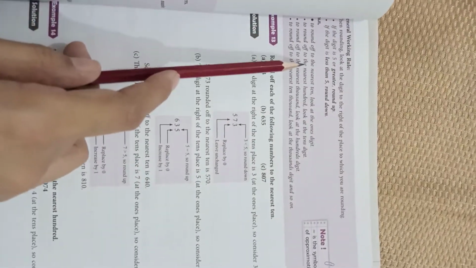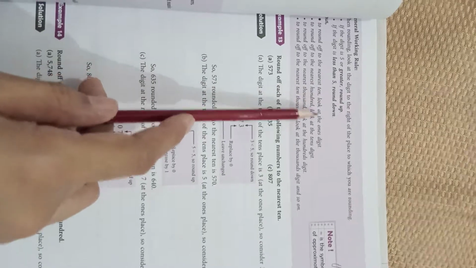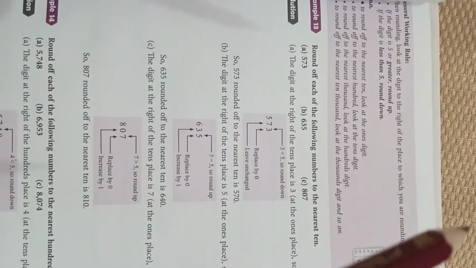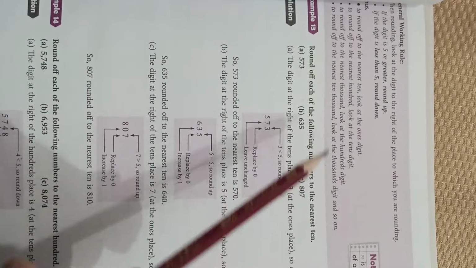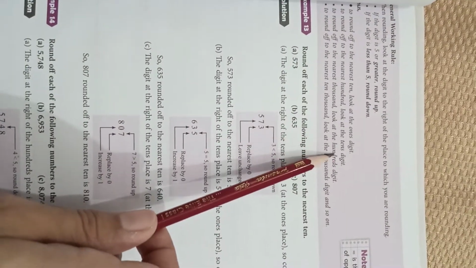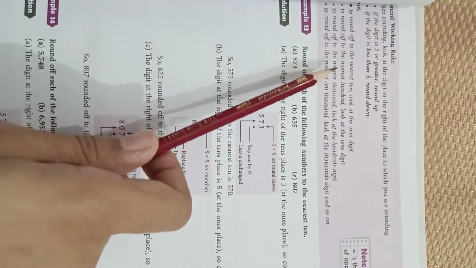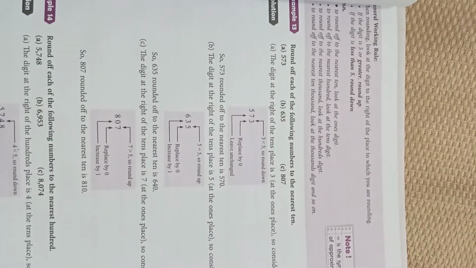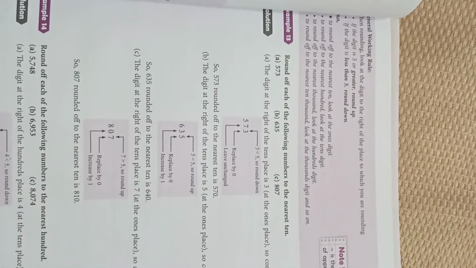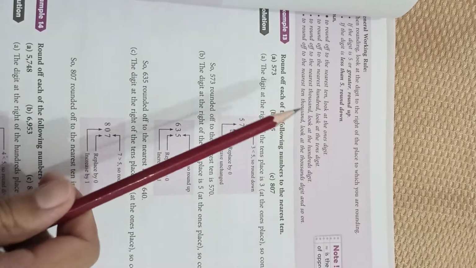To round off to the nearest 10, look at the ones digit. To round off to the nearest 100, look at the tens digit. We always look at the digit before the one given.